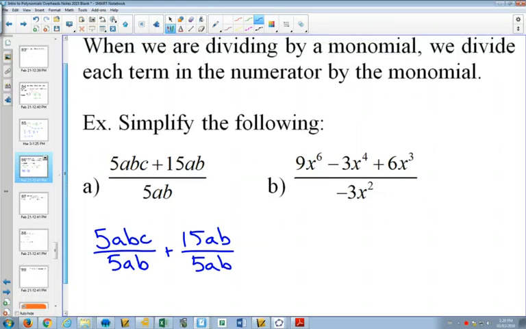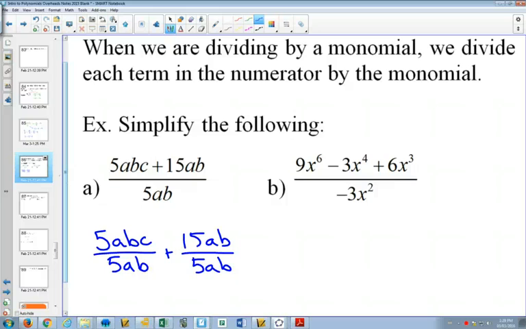A divided by a, those will cancel out because it'll just be 1. And b divided by b will be 1 again. So what are we going to be left with in this first term? Just c. While the 5 divided by 5 would also cancel out and just be 1. So we're left with 1c.